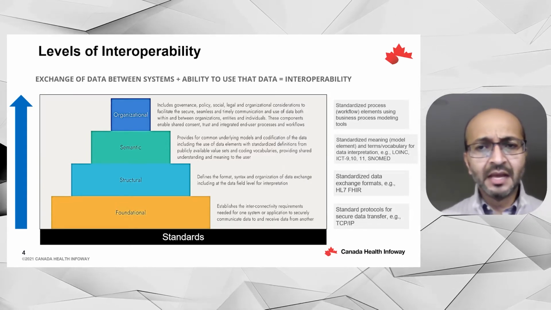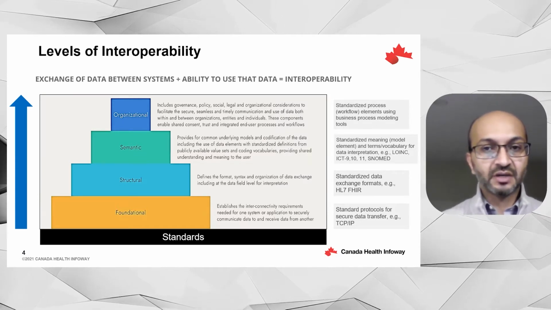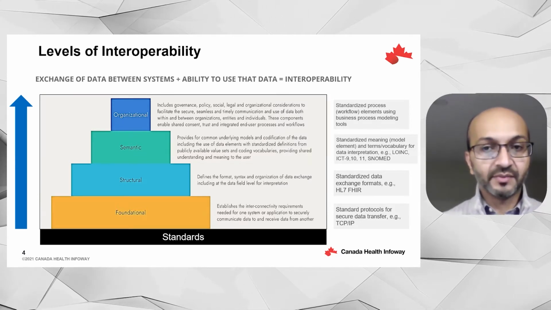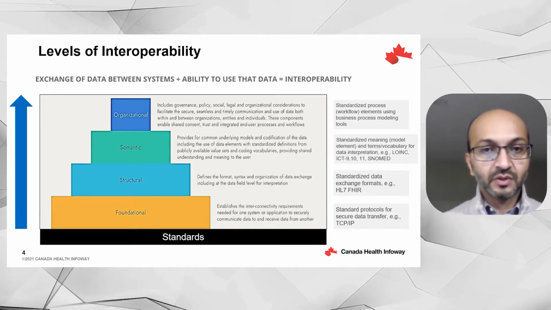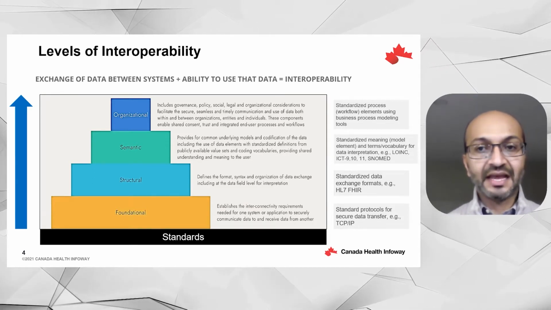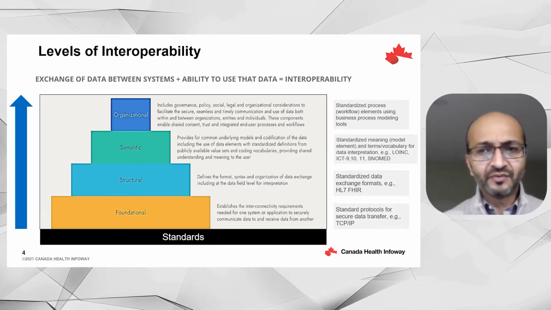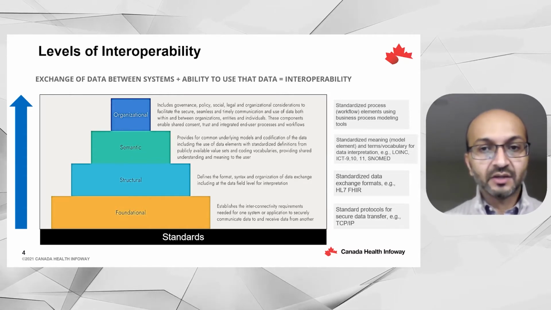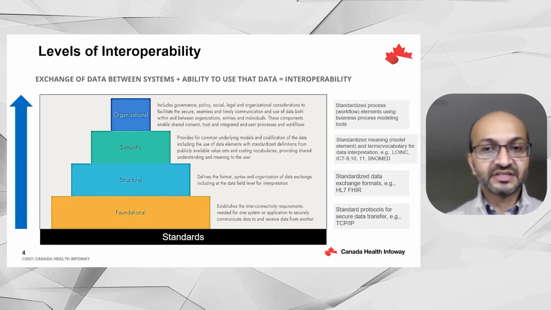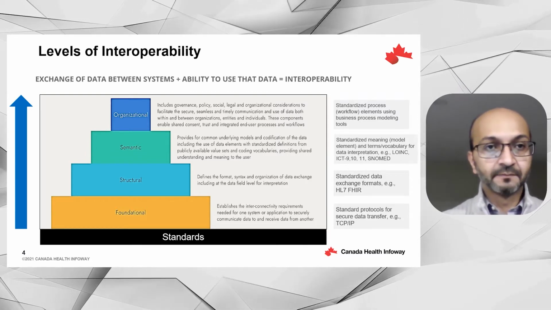As you can see, going from bottom to top, the foundational, structural and semantic level interoperability is achieved through various types of data transfer protocols, data exchange formats, and code set methodologies. But as you move up, right on the top, you see the organizational level, which is where the policies, the regulations, the legislations all come into play to actually enable the lower levels.